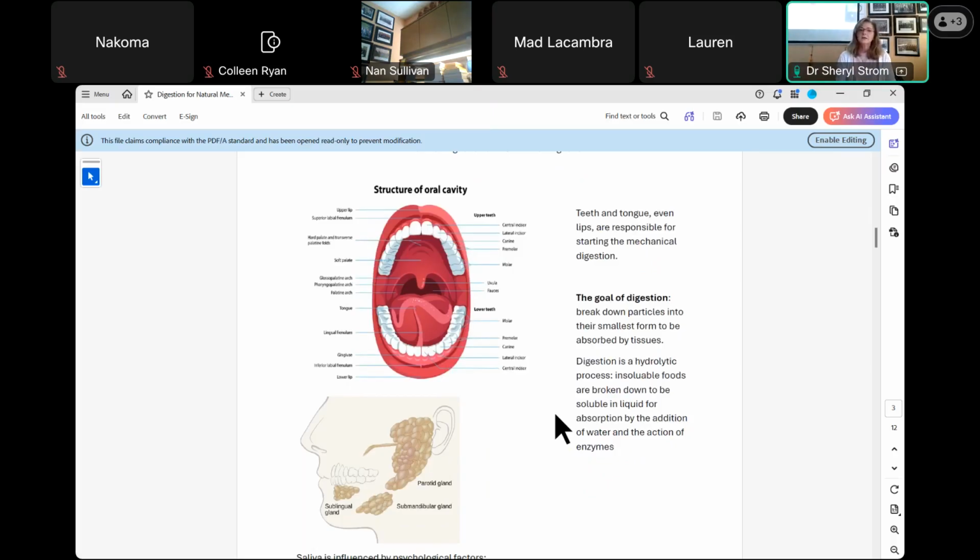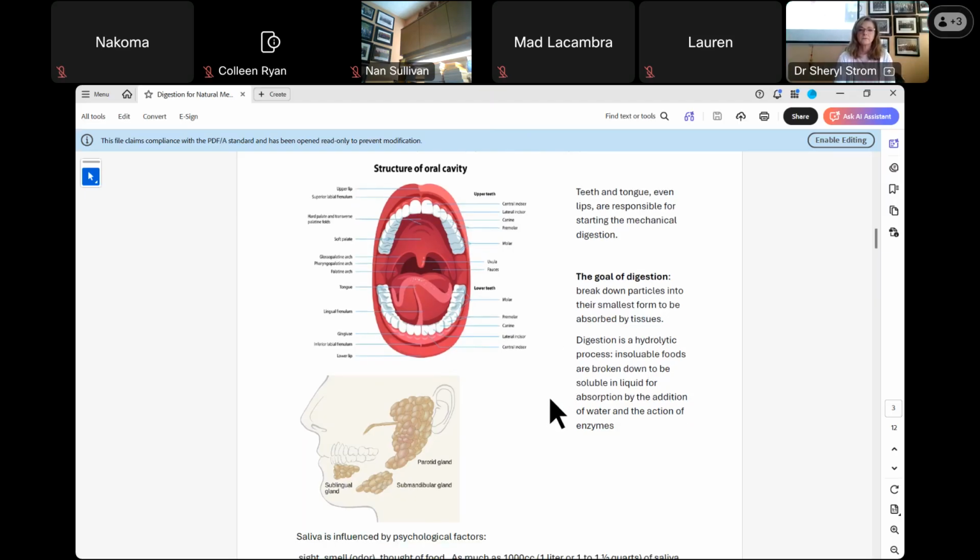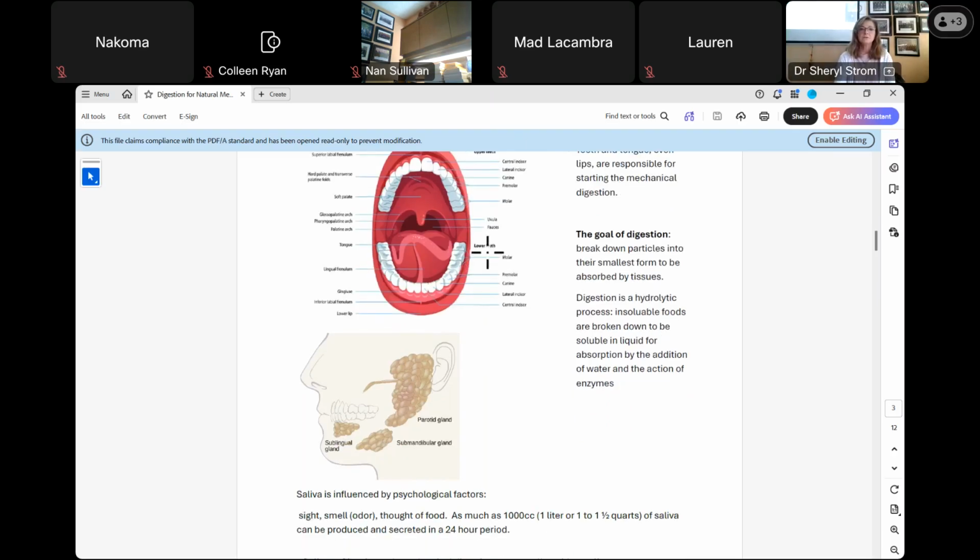So we have insoluble foods that are broken down to be soluble so that they can be absorbed in liquid by the addition of water and the action of enzymes. So again, start with the oral cavity in your description. You don't have to go through all of the details, but you can if you want.